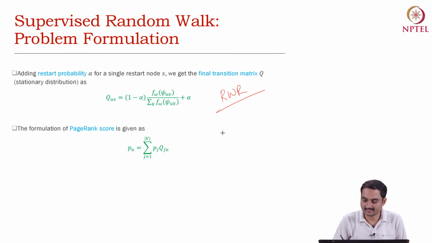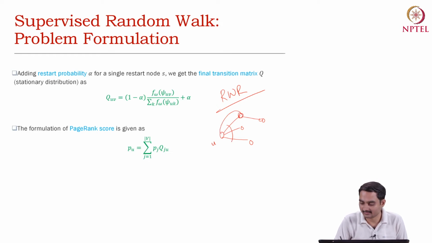So, the idea behind random walk with restart is that you start from a node U, and you follow one of its outgoing edges uniformly at random, and move there.